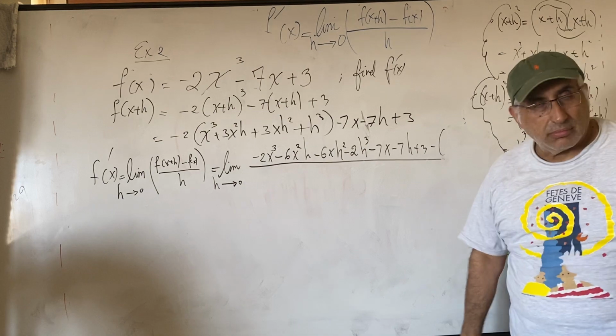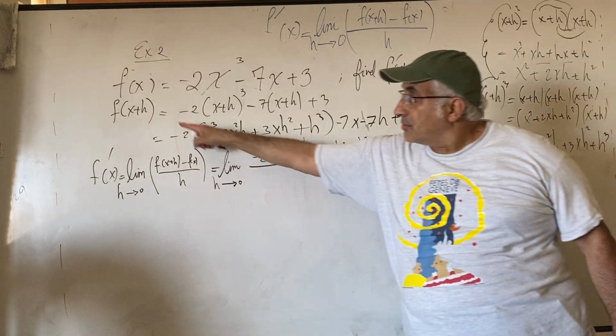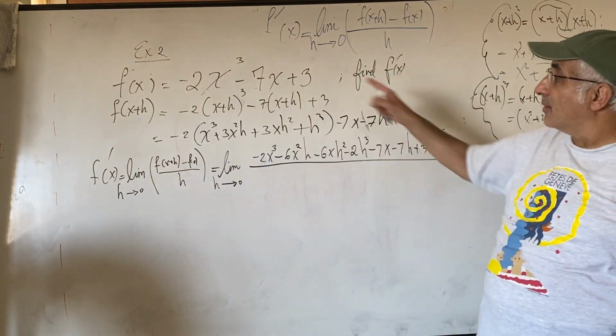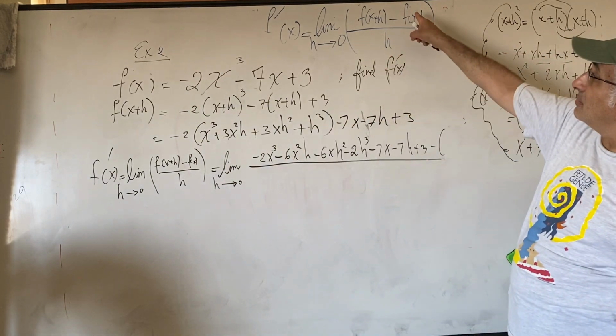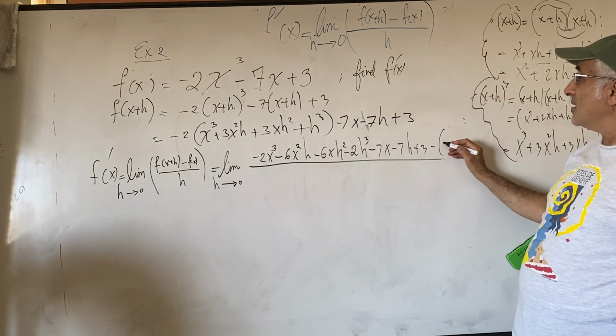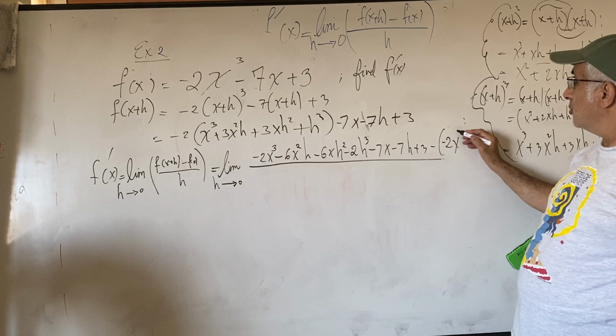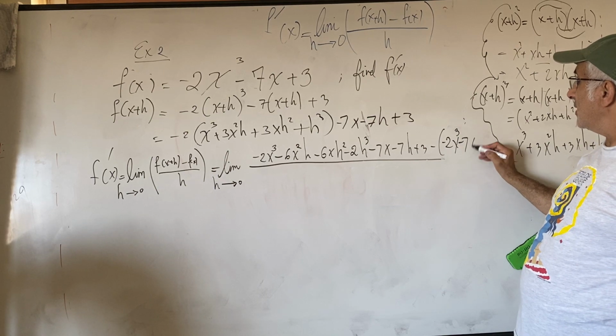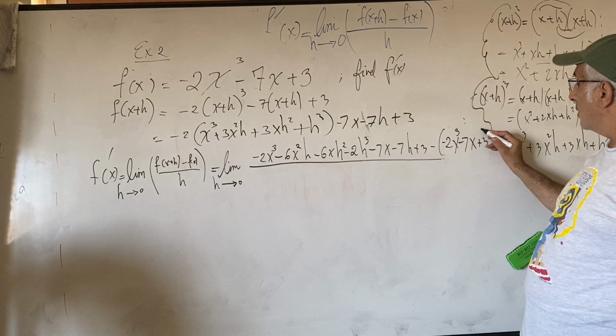This is only what? f of x plus h. Well, minus what? f of x. Remember the definition? Minus the quantity minus 2x cubed minus 7x plus 3.